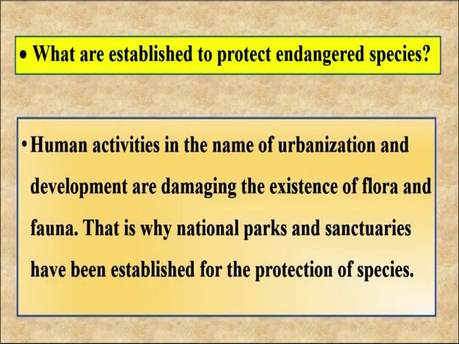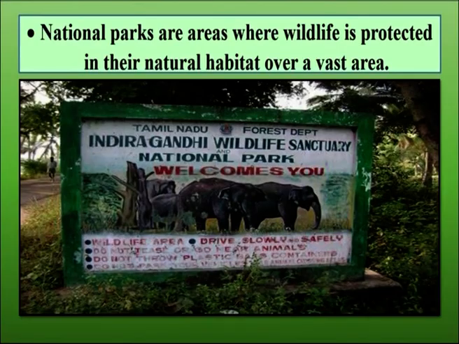What is established to protect endangered species? Human activities in the name of urbanization and development are damaging the existence of flora and fauna. That is why national parks and sanctuaries have been established for the protection of species. National parks are areas where wildlife is protected in their natural habitat over a vast area.